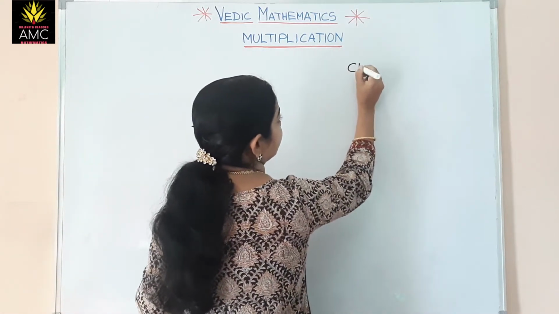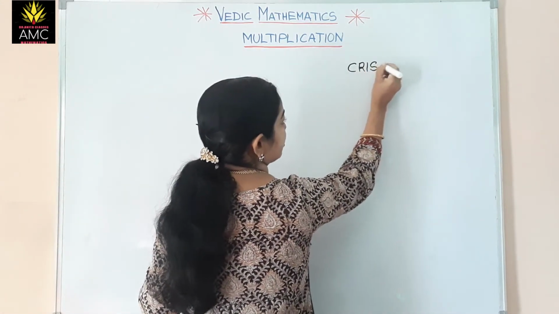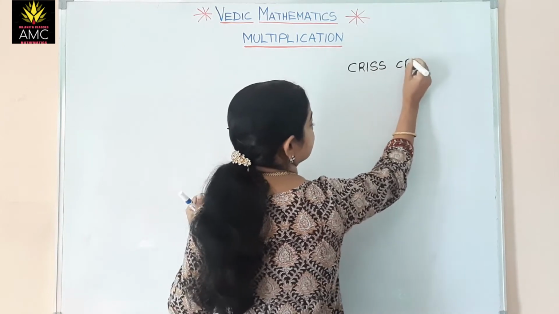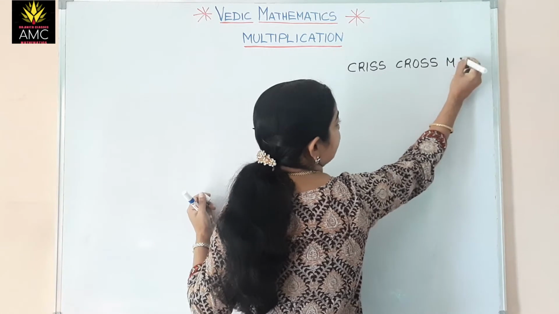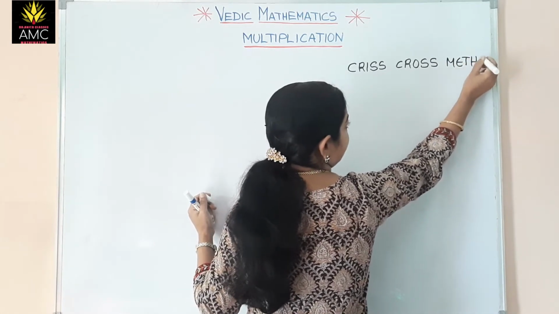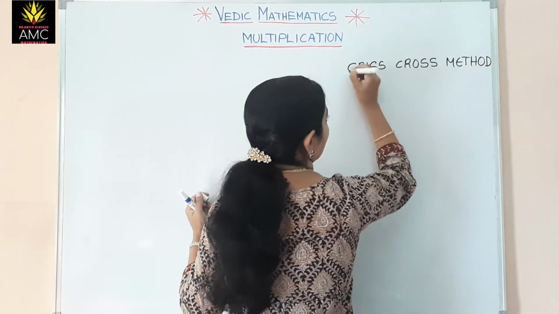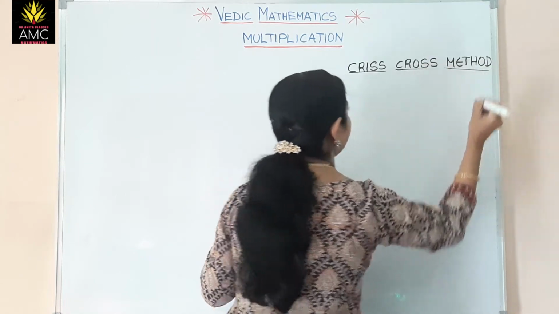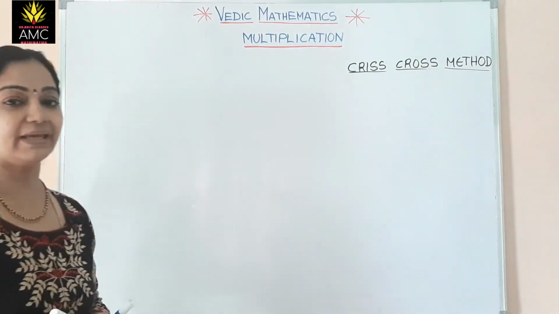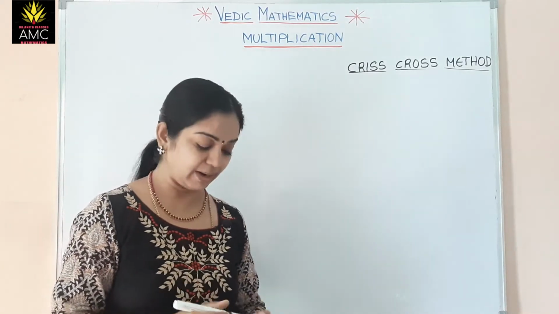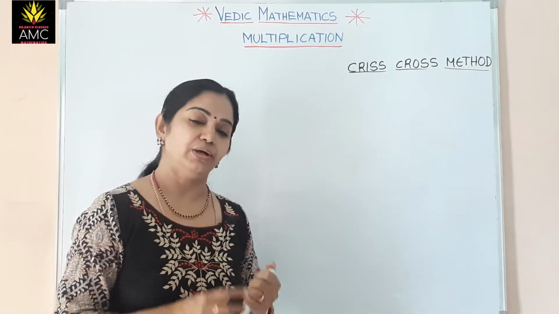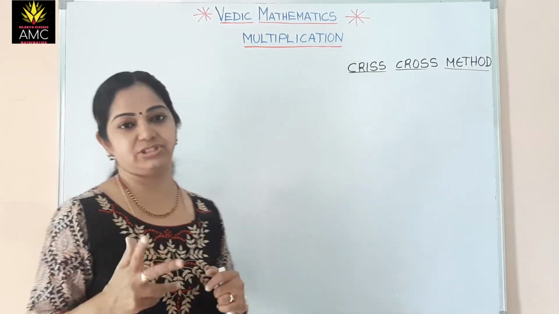Now, this method is called the crisscross method. If you know the multiplication tables from 2 to 9, it's enough. We can multiply any two-digit number with a two-digit number.